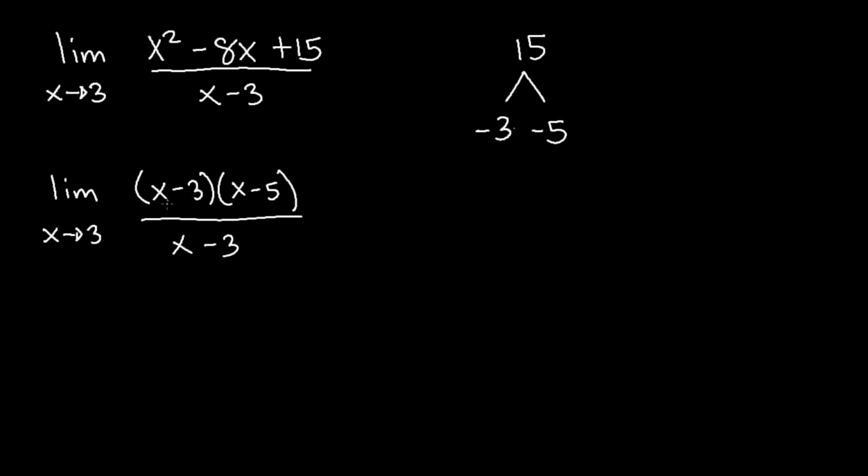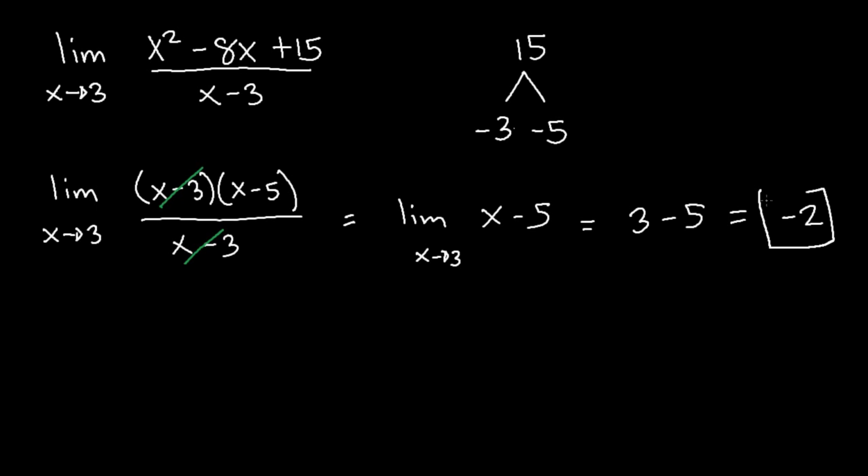As you can see, makacancel or mag-equal sa 1. So, kani mawala. So, ang mabilin na lang is the limit of x minus 5 as x approaches to 3. So, using direct substitution, since dili naman ni mag-equal sa 0 over 0, so, that's 3 minus 5, which is negative 2. So, negative 2 ang imong answer.